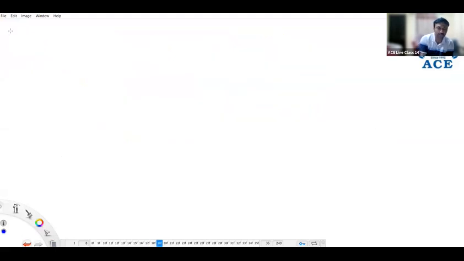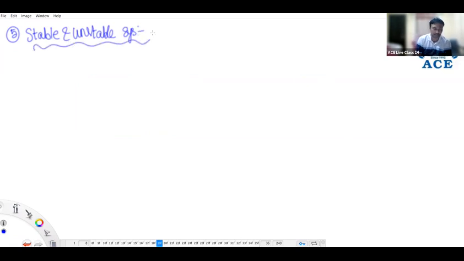The next concept which we are learning is stability, stable and unstable systems. The concept of stability is linked to boundedness.